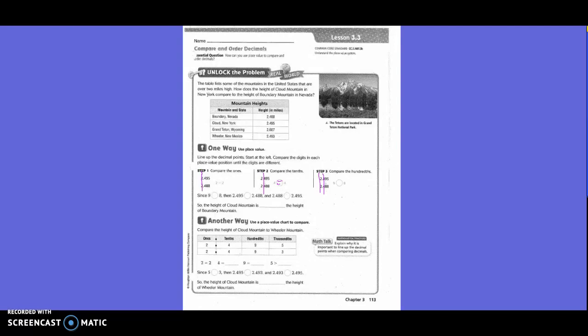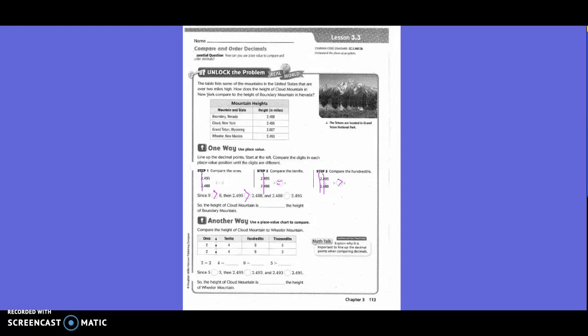Hundredths, right? Okay. So which one is greater, 9 or 8? 9. So 9 is greater than 8. Since 9 is greater than 8, then 2 and 495 thousandths is greater than 2 and 488 thousandths.